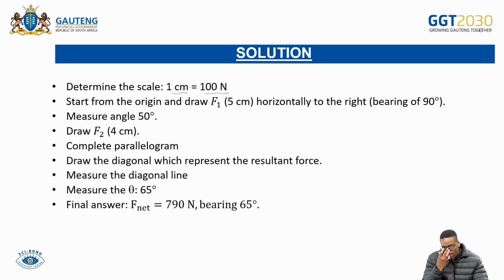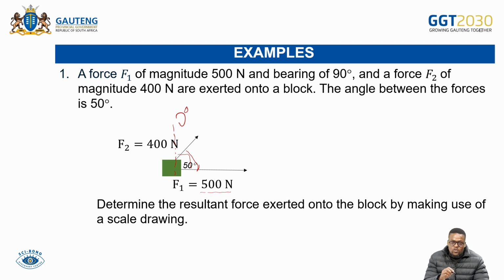Then what do we do after drawing F1? Remember you need to know where F2 is. F2 we must measure 50 degrees from F1, so you take your protractor and measure the angle, which is 50 degrees.